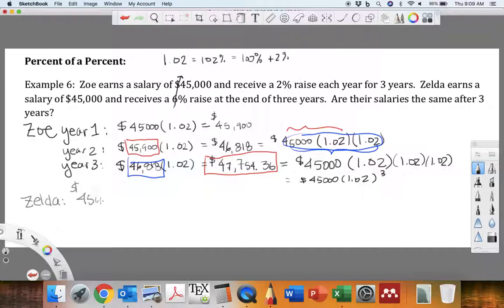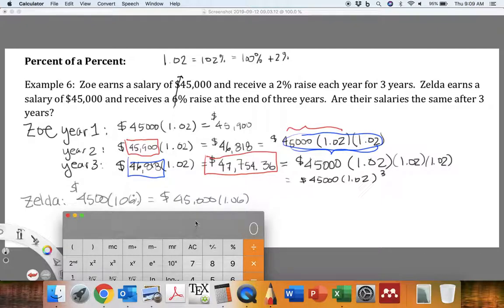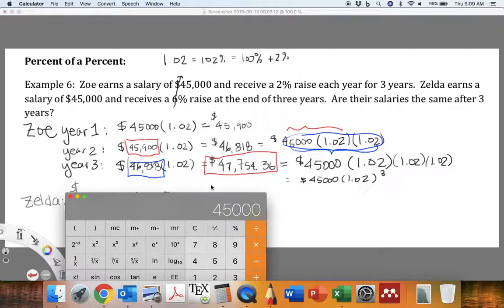Here's our 45,000, and a 6% raise means she gets her salary plus 6% more. That's why we're using 1.06. So we're going to have 45,000 times 1.06.